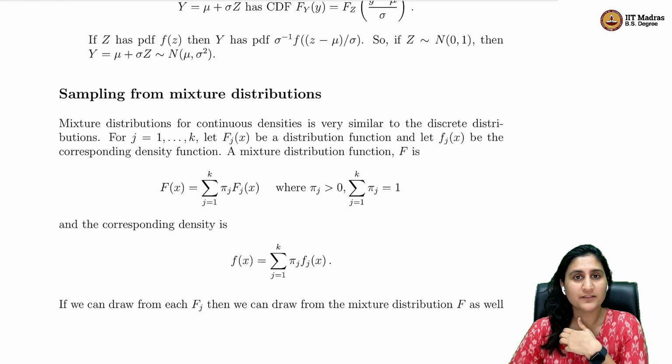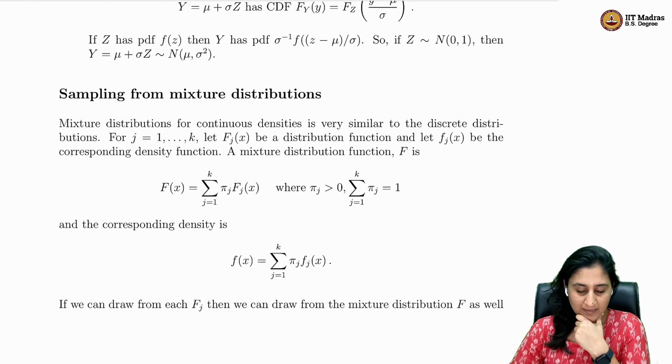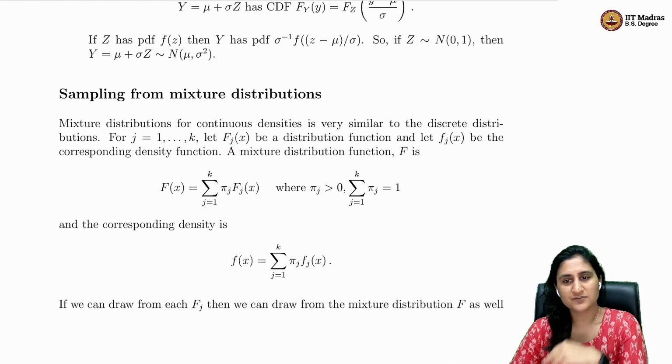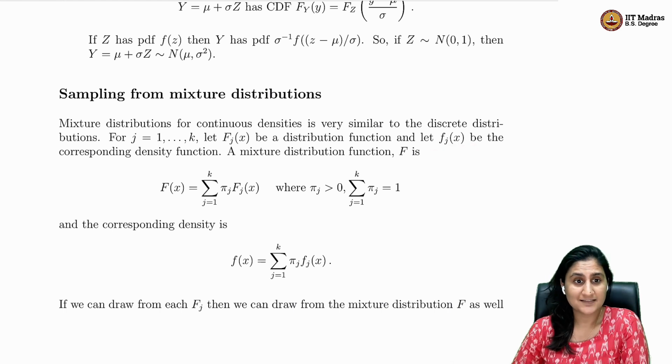Now for j going from 1 through K, where K is the number of mixtures we have, let F_j(x) be a distribution function, and small f_j(x) its corresponding density function. Now a mixture distribution function, capital F, the combined final distribution, is F(x) equals summation j going from 1 through K of pi_j F_j(x), where the pi_j's are all greater than 0 and have to add up to 1.